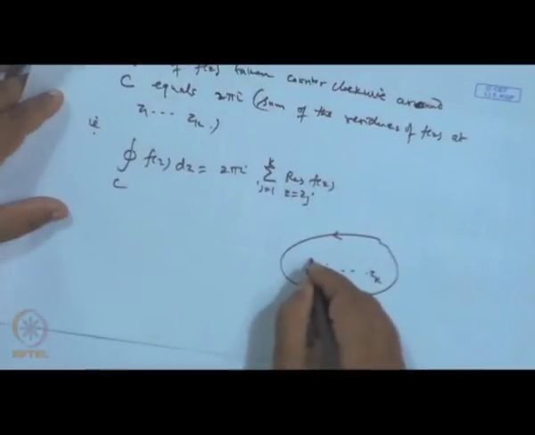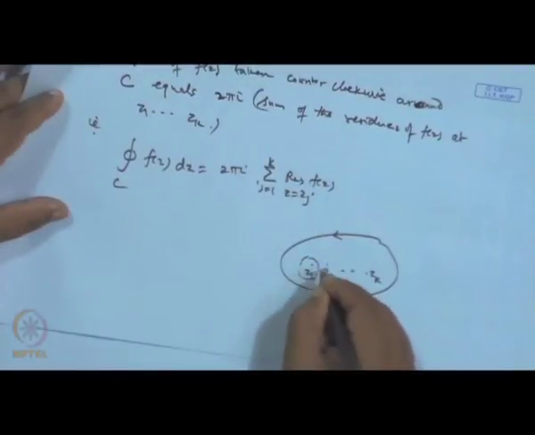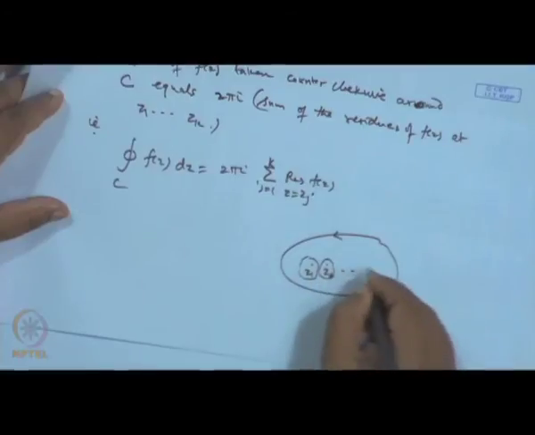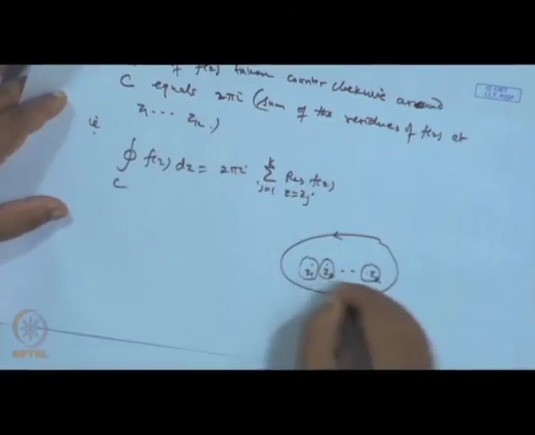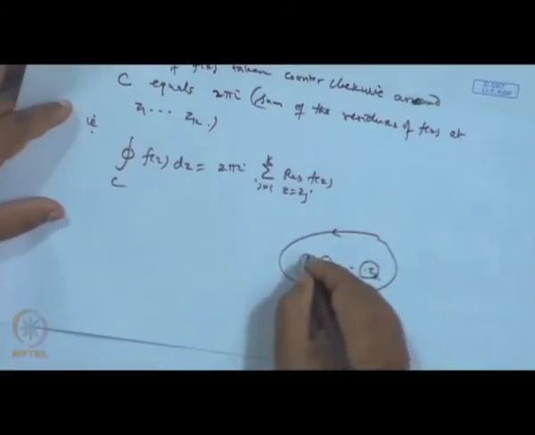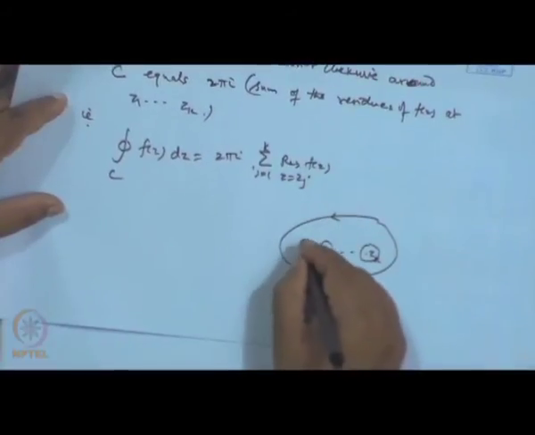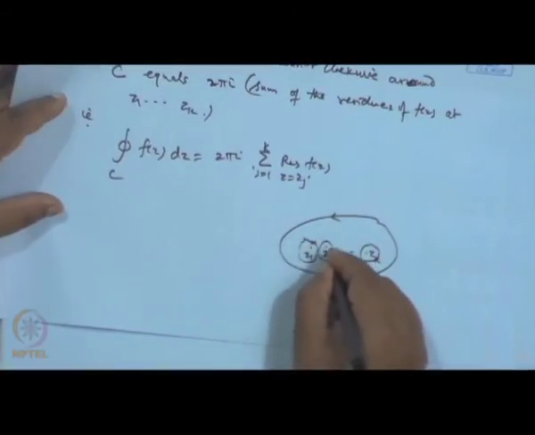What we do is enclose the points z1, z2, ..., zn by circles, and let the direction of these be, suppose, clockwise.